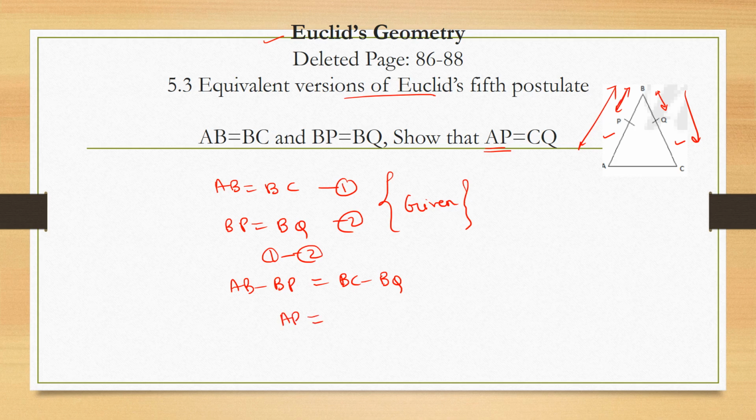AP, and here CQ. But which axiom is applied? If you have two equal things, let's say you have 4 here, 4 here. If you subtract the same thing from both of them, then the result will also be equal. So, if you take away the same equal thing from equal things, the answers are also equal. That is the axiom, okay? So you have to write that whole statement. Let's move on to next.